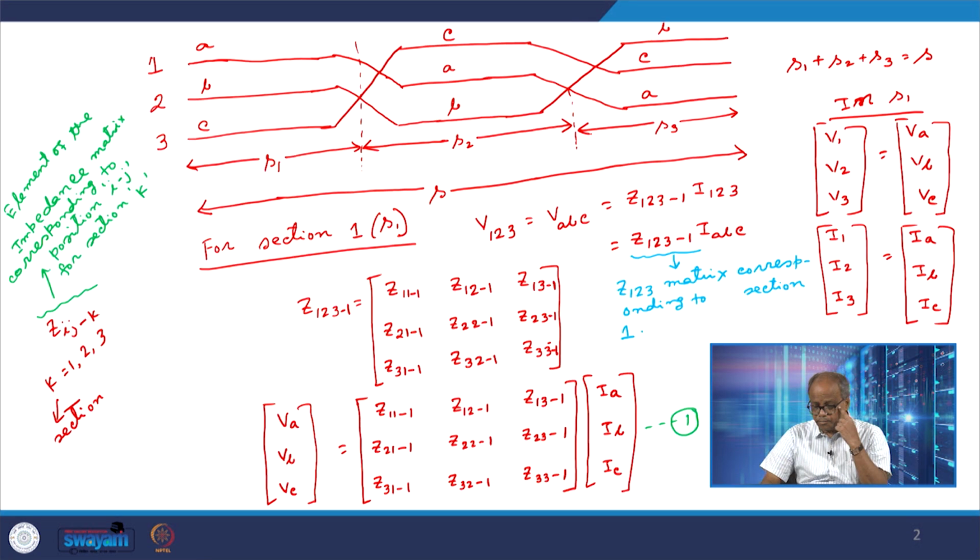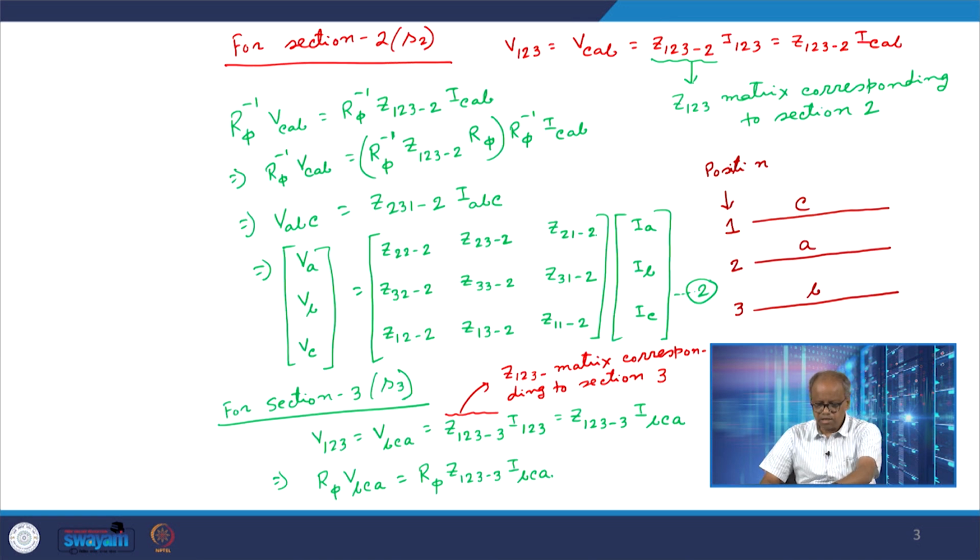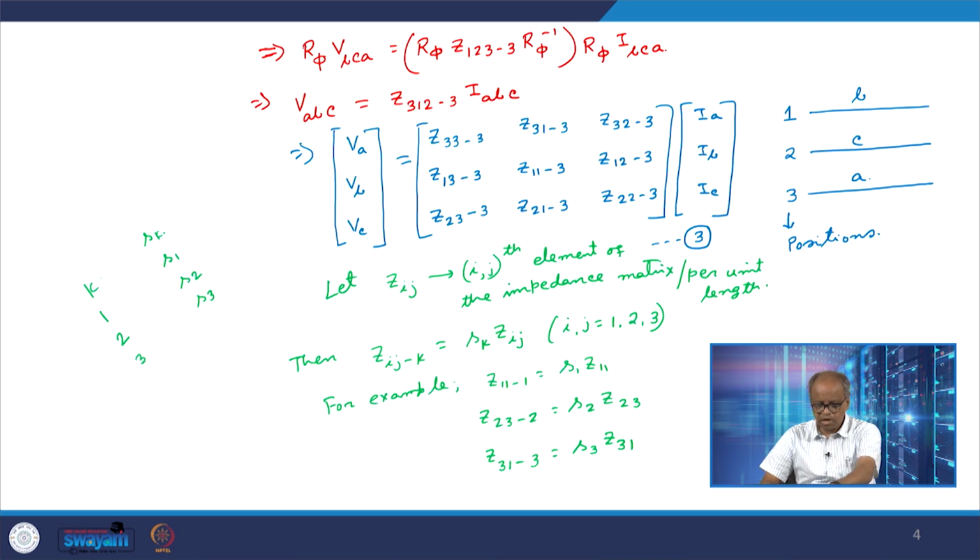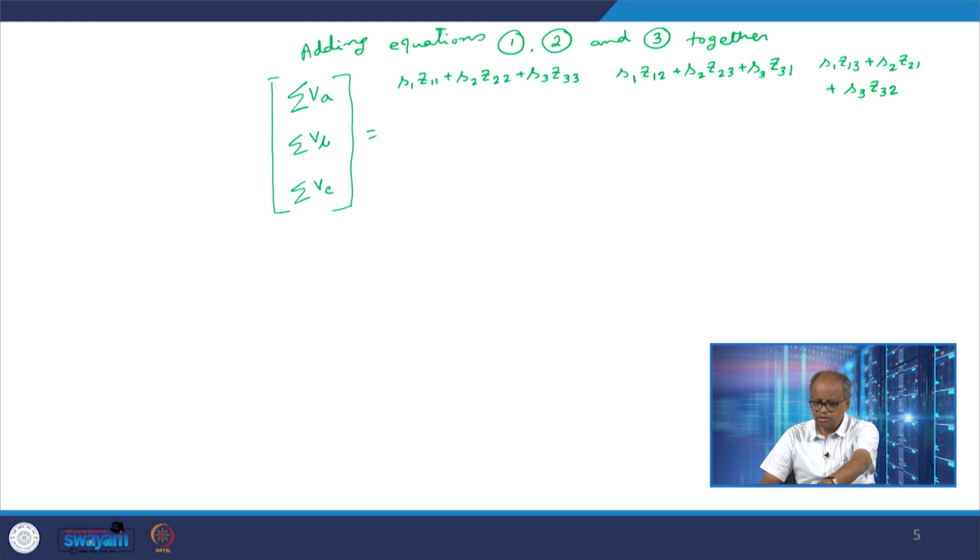For the 1 2 element, it would be Z121, meaning S1 into Z12, plus Z232, meaning S2 into Z23, plus Z313, meaning S3 into Z31. Similarly for this one.